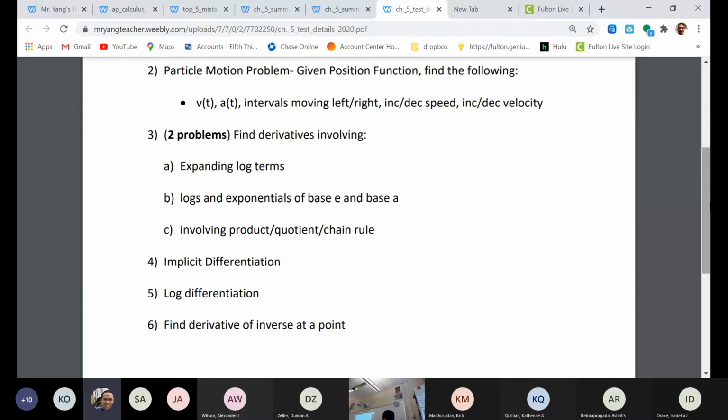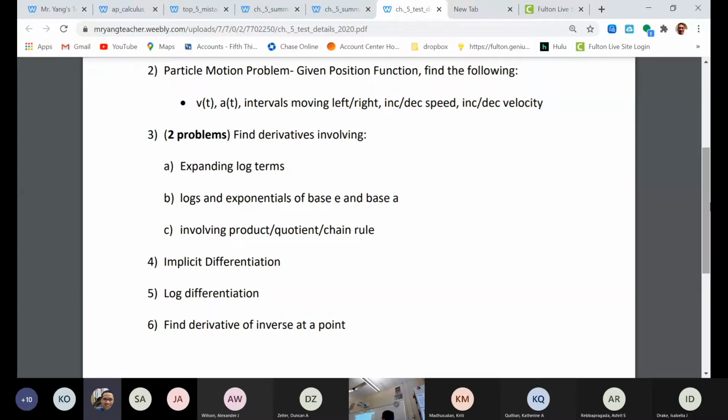We have to make sure that we are comfortable with all the rules that we learned, right? We learned natural log, we learned base e to the x, we learned log base a, we learned a to the x or a to the u. And then within them, sometimes there's also a need for product, quotient, chain rule, depending on the structure of the problem.